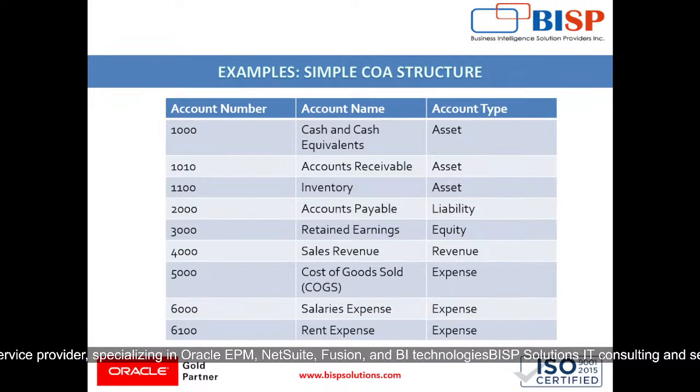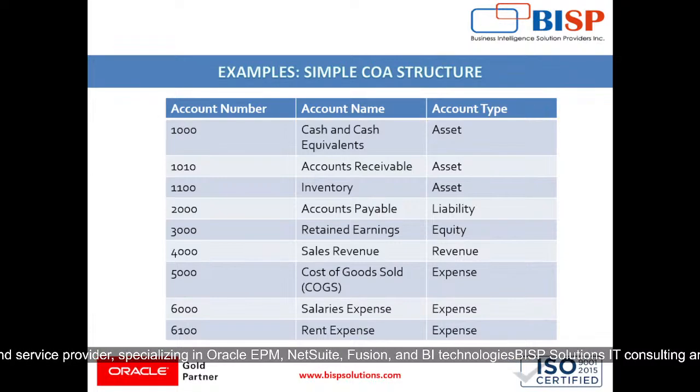Then 3000 for retained earnings, which is a part of equity. Then 4000 for revenue, like sales revenue or income generated from selling any items at profit. Then 5000 for cost of goods sold, COGS, for expenses. Then 6000 for salaries expenses, which is also an expense. Then 6100 for rent expense, which is an expense only.